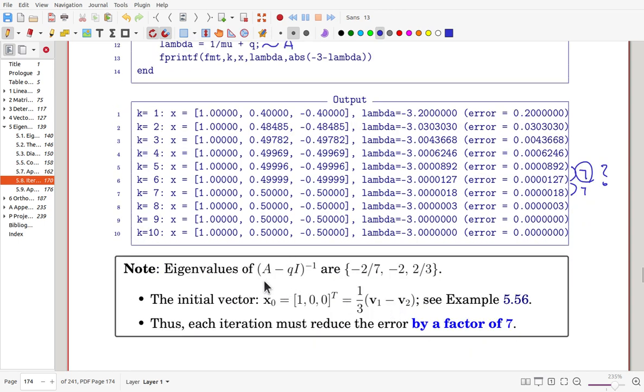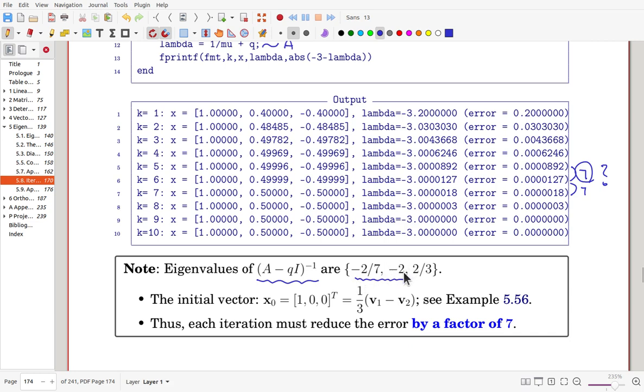Now for this matrix, the eigenvalues are given here and here and here, and the initial vector can be written as a linear combination of v1 and v2, so we may check the ratio by using these two eigenvalues.